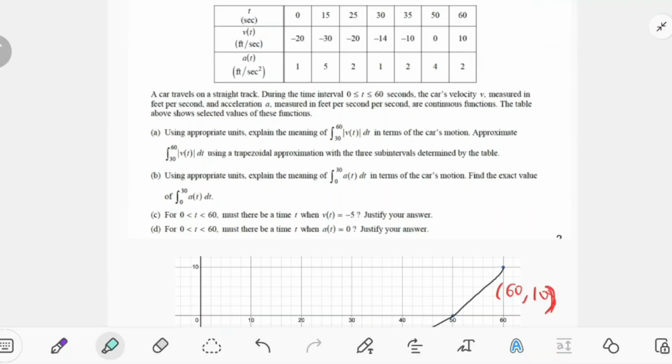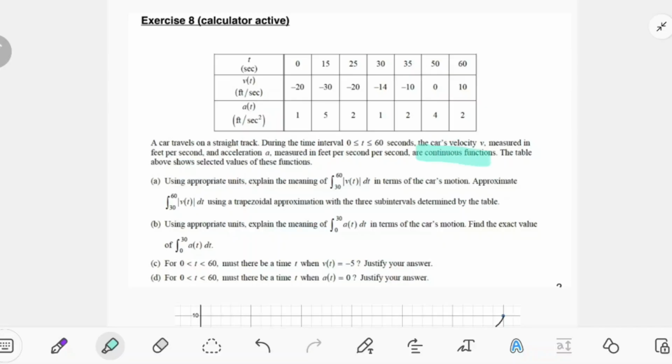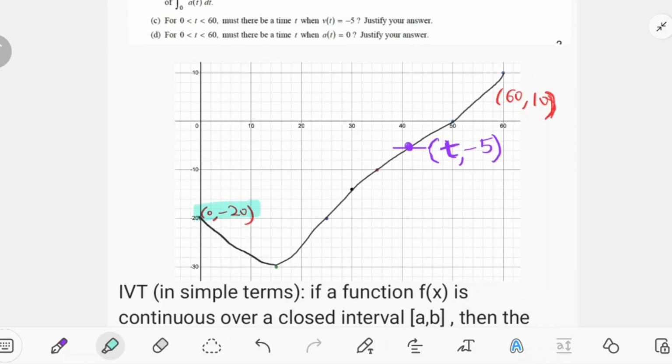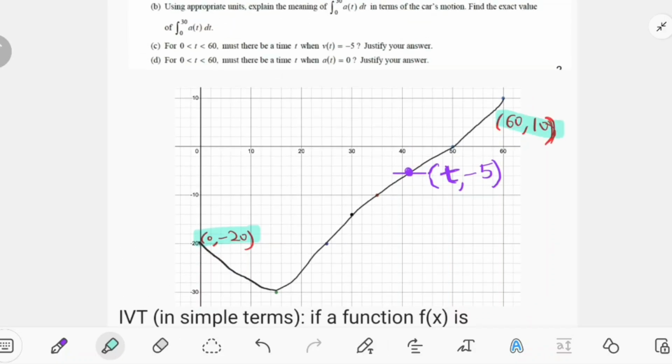Earlier, we were told in the problem that v of t is a continuous function. Since velocity is negative 20 at t equals 0, and the velocity is 10 at t equals 60, we know for sure that at some time t, velocity is negative 5, because negative 5 lies between negative 20 and 10.